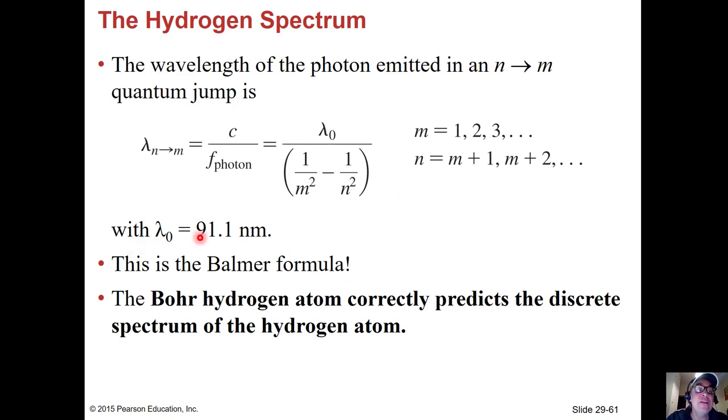This wavelength naught is 91.1 nanometers. Okay, so this is the formula that will give you the wavelength of transitioning from n to m. Okay, great. So Balmer came up with a formula to just describe what's going on. This is the physics behind it.